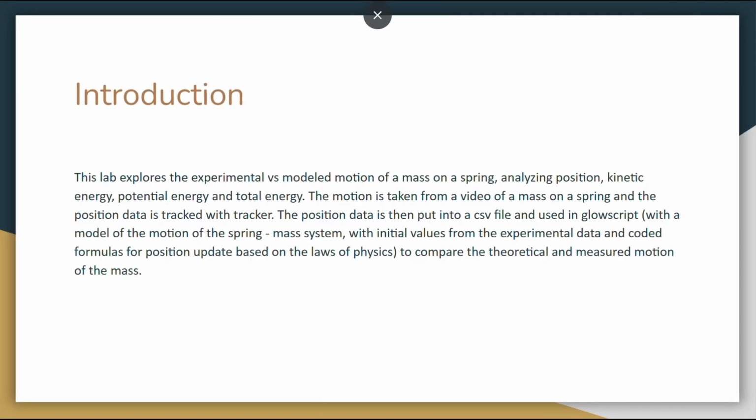So this lab is exploring the experimental and modeled motion of a mass on a spring from a video in the lab instructions, and the modeling is done on GlowScript, and the experimental data is taken from a video that is put through Tracker and modeled as a point mass system.